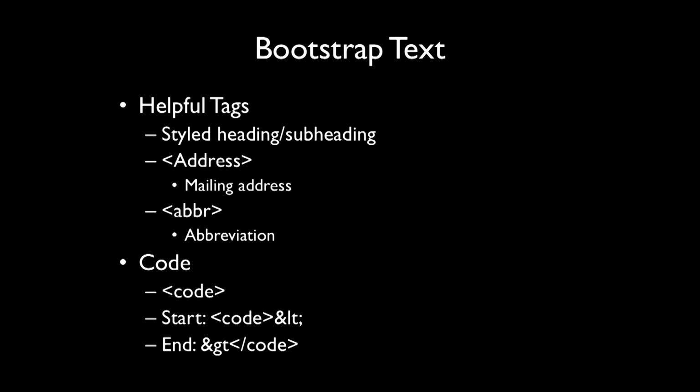Now we're going to shift gears a little bit and talk about how Bootstrap deals with text. A lot of you are probably going to have maybe at least some blocks of text, if not at least headings or subheadings on applications that you're developing. So Bootstrap sort of styles the headers for you. If you set H1 or H2, it has already formatted those in a pretty convenient way.